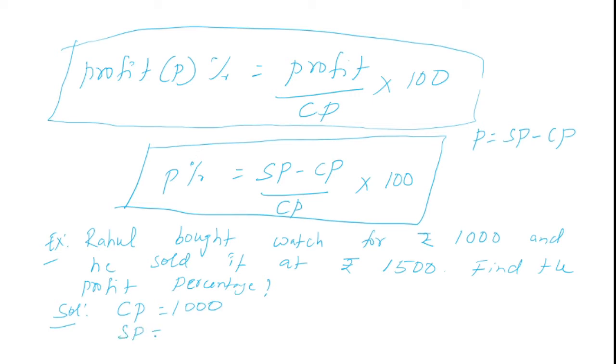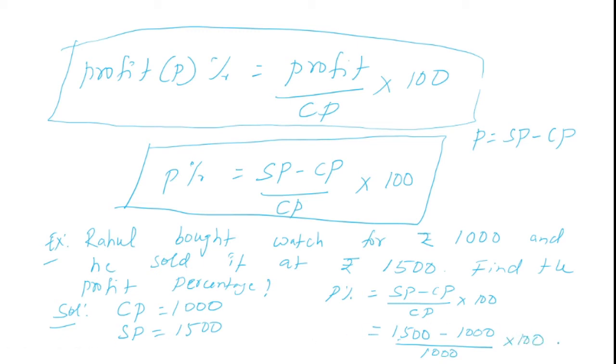Selling price 1500. The formula is SP minus CP by CP into 100. Substituting the values: 1500 minus 1000 by 1000 into 100.